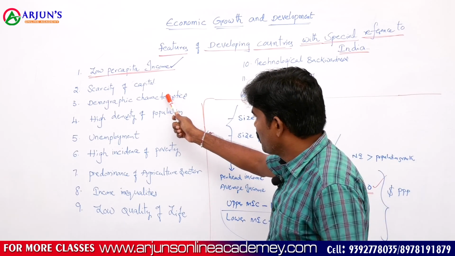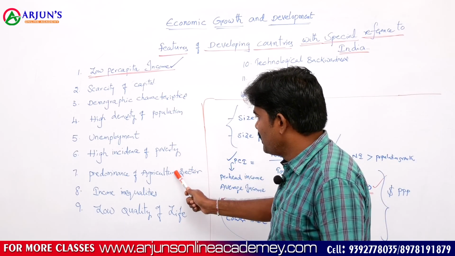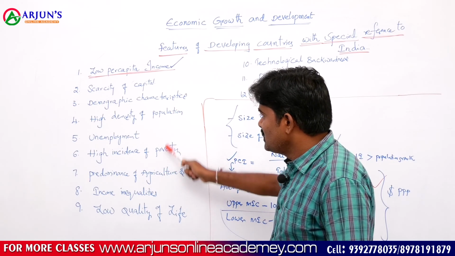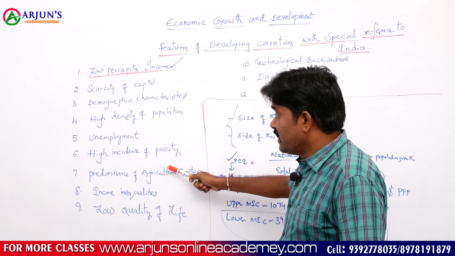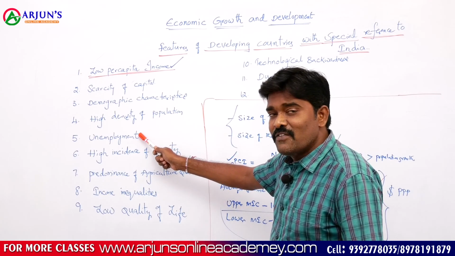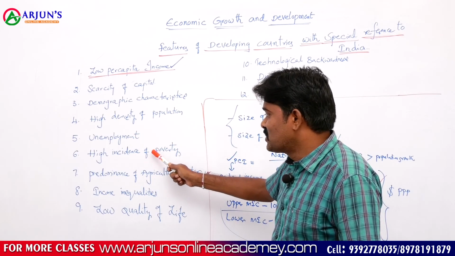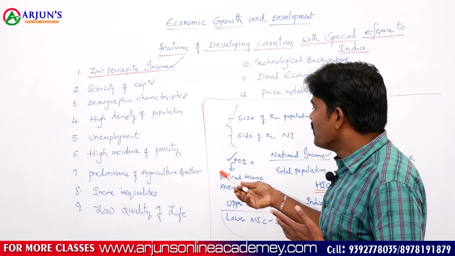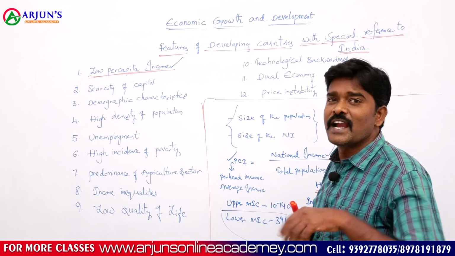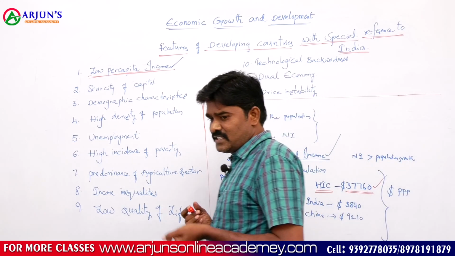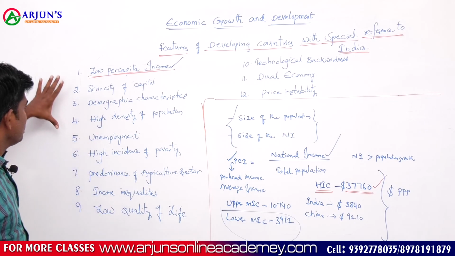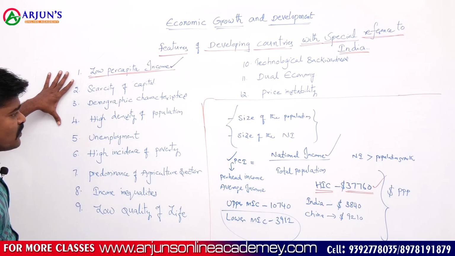So demographic features, predominance of the agriculture sector and high density of population are interlinked, and they lead to unemployment. Unemployment leads to poverty. Poverty means they are unable to satisfy their minimum needs. These are the general characteristic features of a developing country.